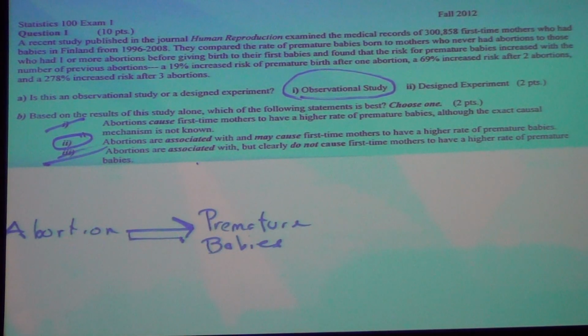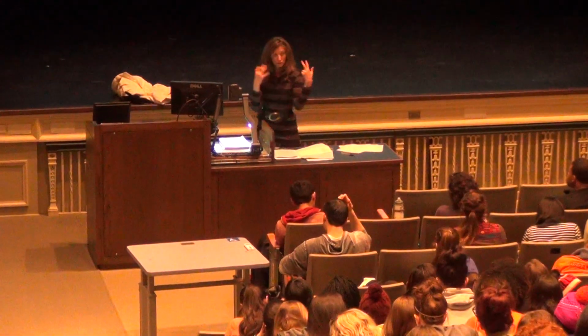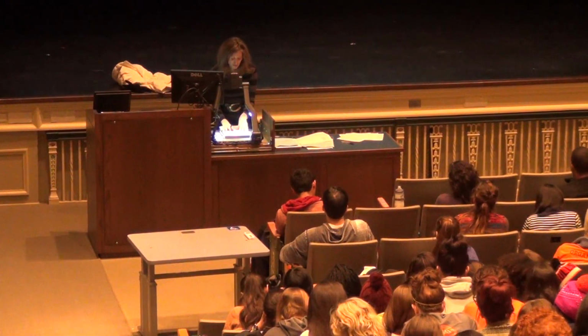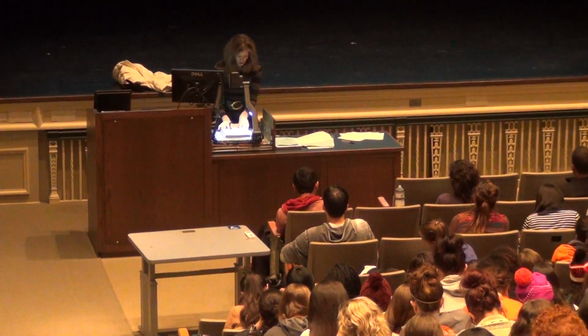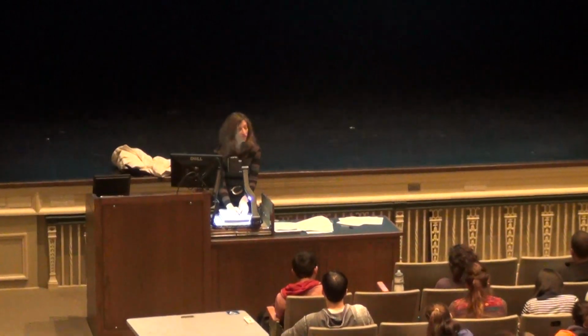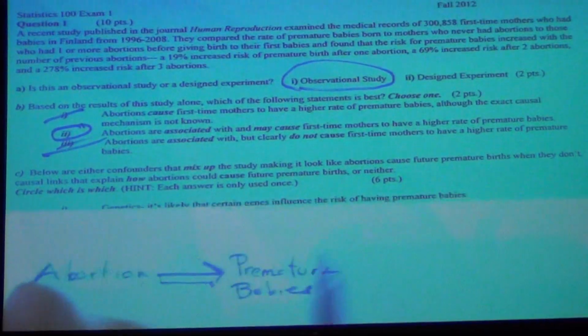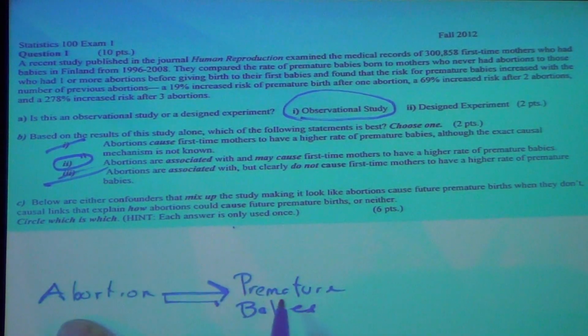Does that make sense? We know they're associated. It could be the cause. We have to find out. If it is something about the abortions, maybe we change the procedures, maybe it'd be very shoddy, or maybe it's something else. It has nothing to do with abortion. You don't have to worry about that. How do you find out? Well, one thing you do is you think about what could be a confounder. That's what this next question is about. Below are confounders that mix up the study, making it look like, as people are thinking, it's the abortions that do this.